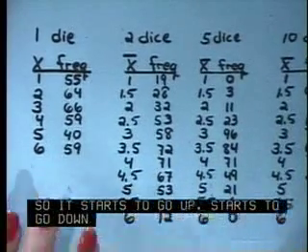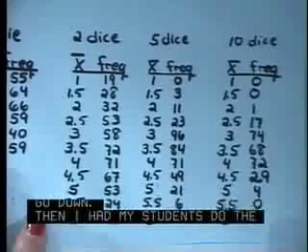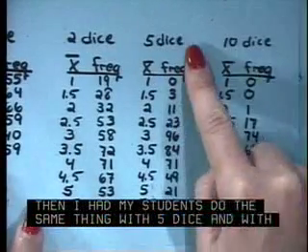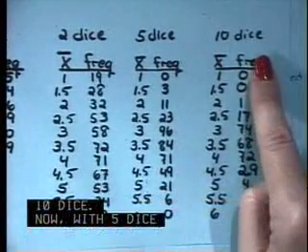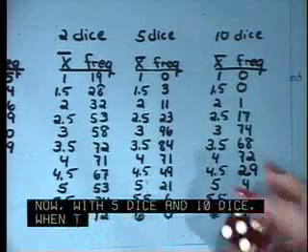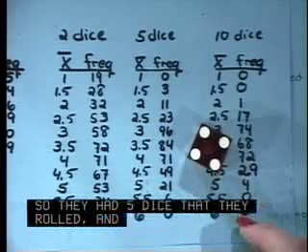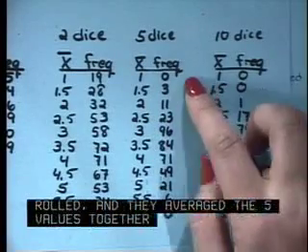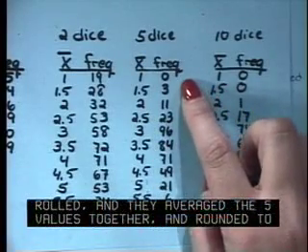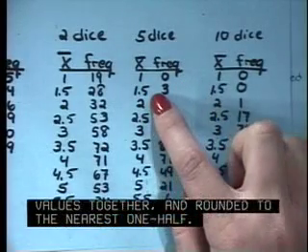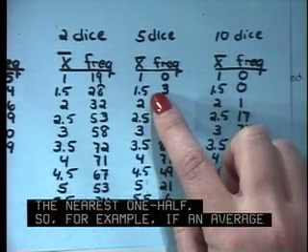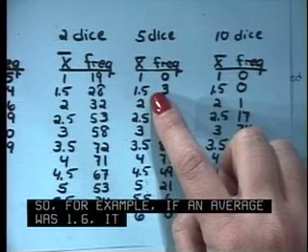Then I had my students do the same thing with 5 dice and with 10 dice. Now with 5 dice and 10 dice, when they averaged the 5 dice, so they had 5 dice that they rolled, and they averaged the 5 values together and rounded to the nearest 1/2. So for example, if an average was 1.6, it was recorded as 1.5.